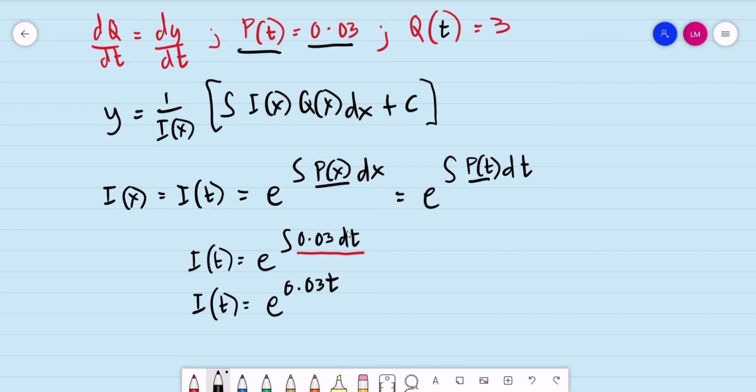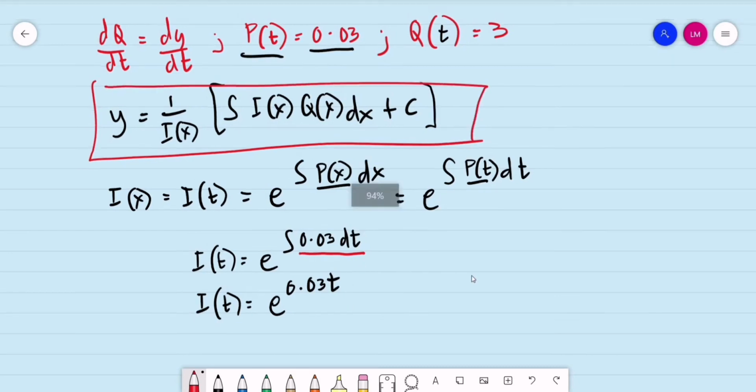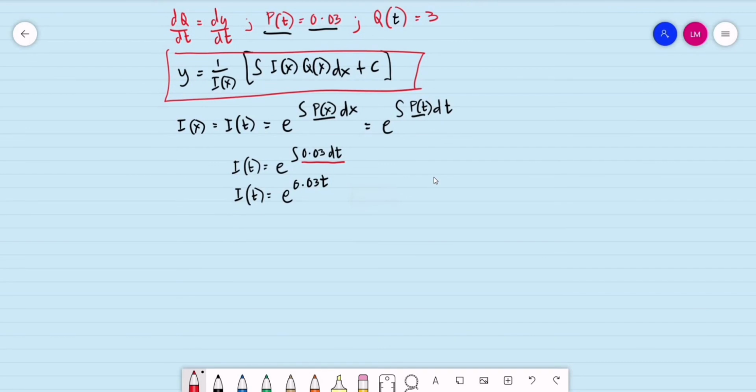By the way, again, this formula is the formula for the solution of a linear differential equation. So we can rewrite this in terms of the variables we are using in this example.